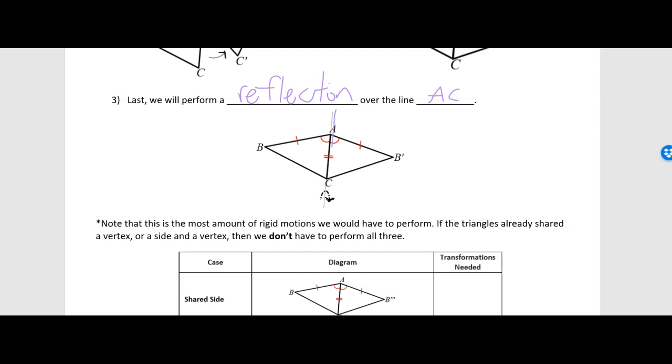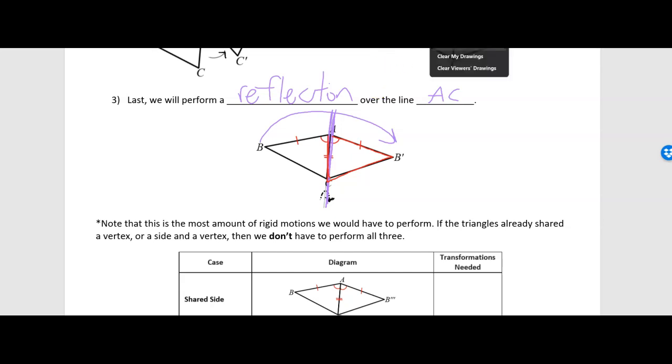If you can't see it, it would be this purple one right here. If I reflect it over, A and C are going to stay right where they're at because they're on the line of reflection, and B is going to hop over to B prime. So when that whole triangle flips, they're going to be mapped right on top of one another, and we have just proven that they are congruent.